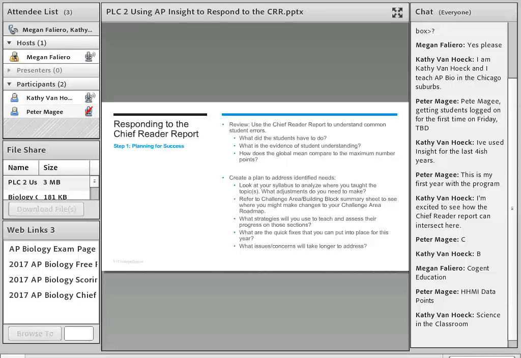Also look at a summary sheet, what strategy. My favorite part of the IPR report is the science practices. I want to know, compared to the global mean, how my kids did in terms of science practices and the ability to apply knowledge. So I look at what strategies I use to teach and assess, and whether I give the kids enough options to apply their knowledge in class.